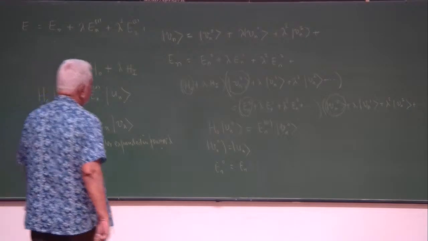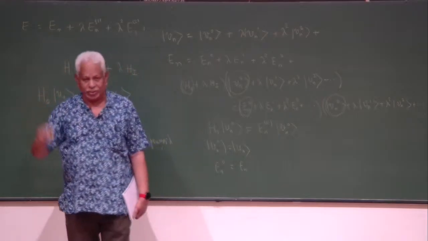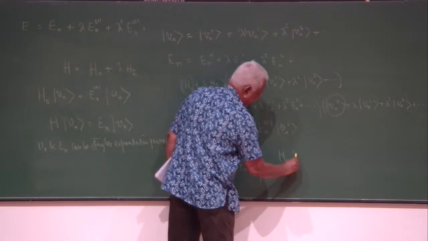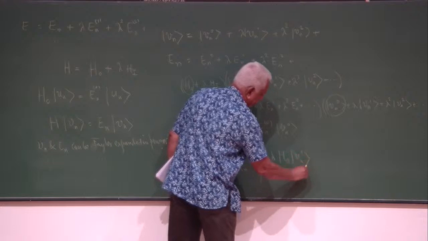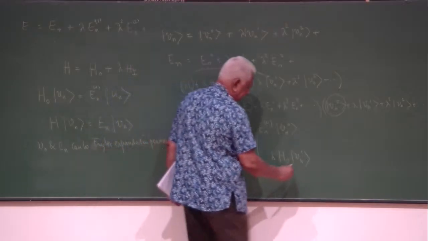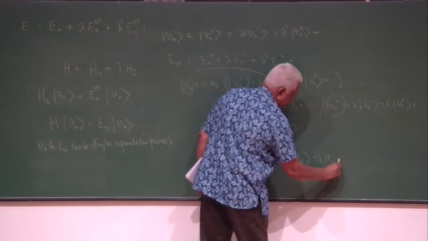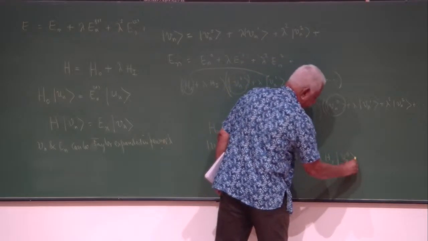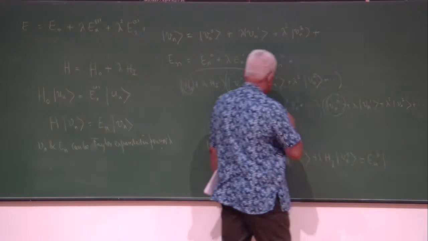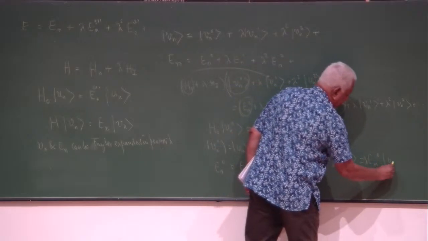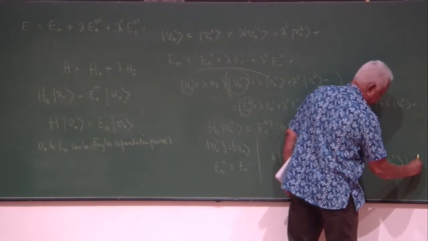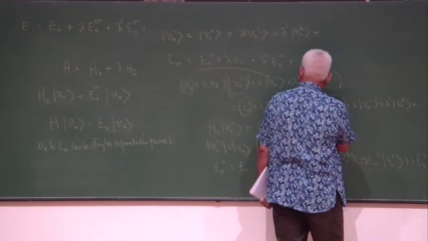So next I am going to take the first order, lambda to the power 1. Now H naught lambda Vn1, this with this, and then I have lambda Hi Vn0, this into this is equal to En0 lambda Vn1, and then lambda En1 Vn0.